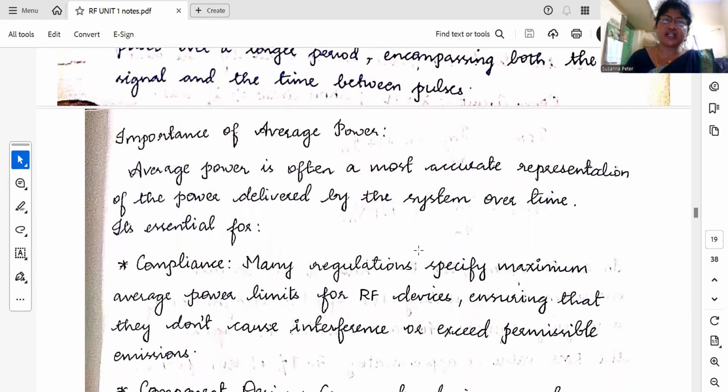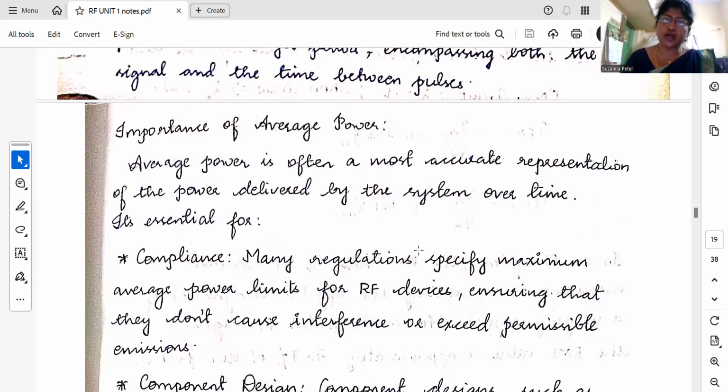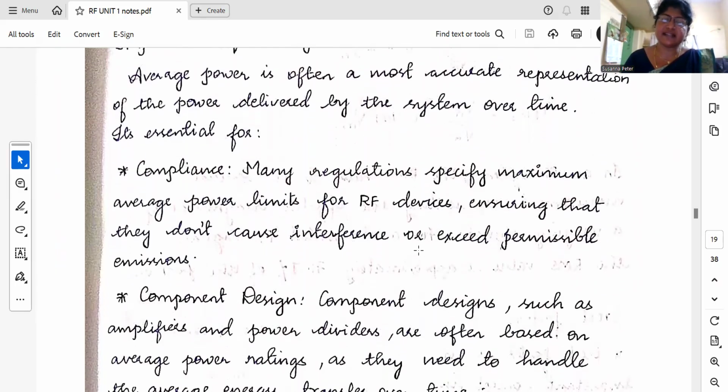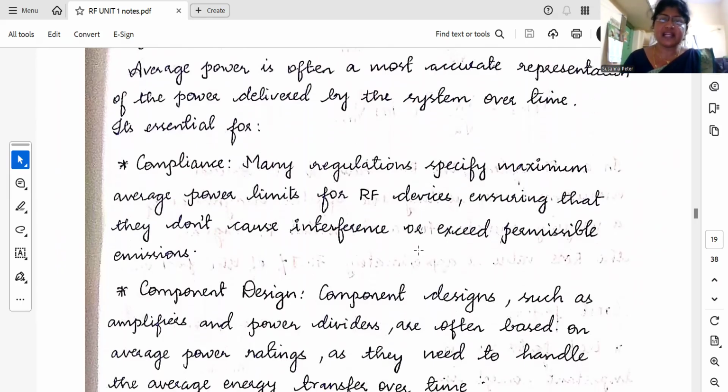So let us see the importance of average power in RF systems. First, it is compliance. Many regulations specify maximum average power limits for RF devices, ensuring that they don't cause interference or exceed permissible emissions.